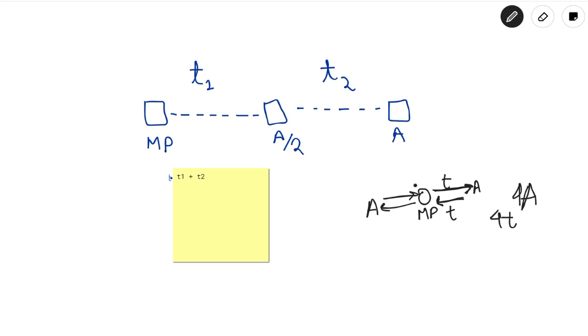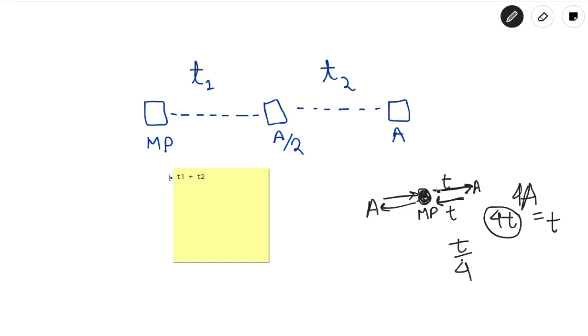Now, if you consider this total time to be, let's say, T. I am not considering 4t as the total time it takes, I am considering it to be T. So that means every interval from mean position to amplitude has taken T by 4 time, right? I am not intending to confuse you. What I am simply asking you to consider is that if the time the pendulum takes to reach the amplitude from mean position is t, then the total distance covered is 4A, so total time will be 4t.